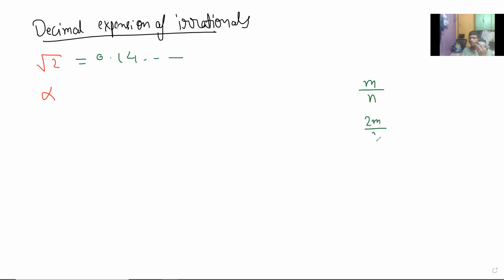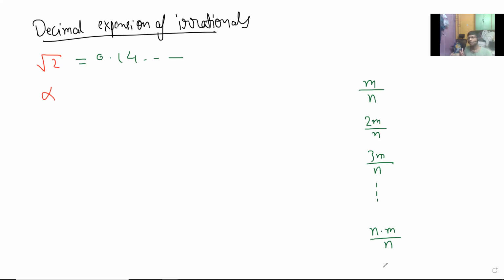If you take 2 by n, 3 by n, and so on, at some point you get an integer. If you take these multiples, you get an integer, and then it just stops. Then there are no decimals.